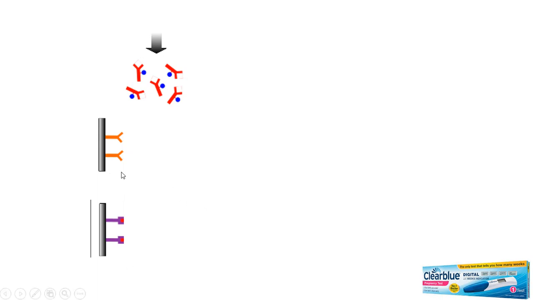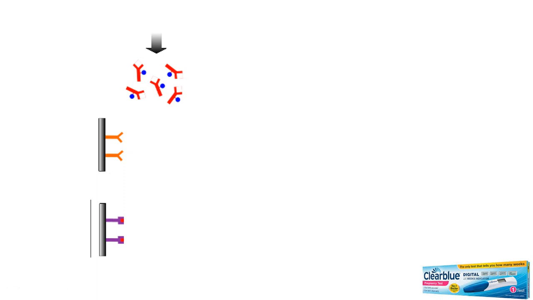So you have two antibodies present. This antibody is directed against the target, that is the compound that's responsible for pregnancy, whereas this antibody is directed against the detection antibody.